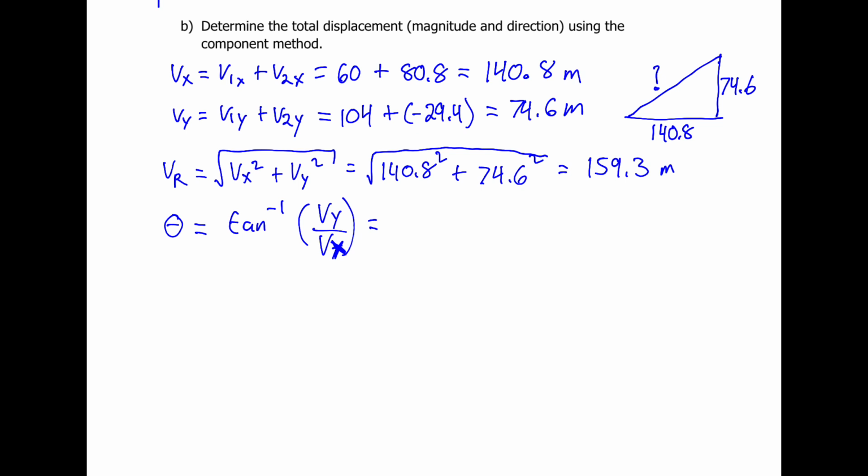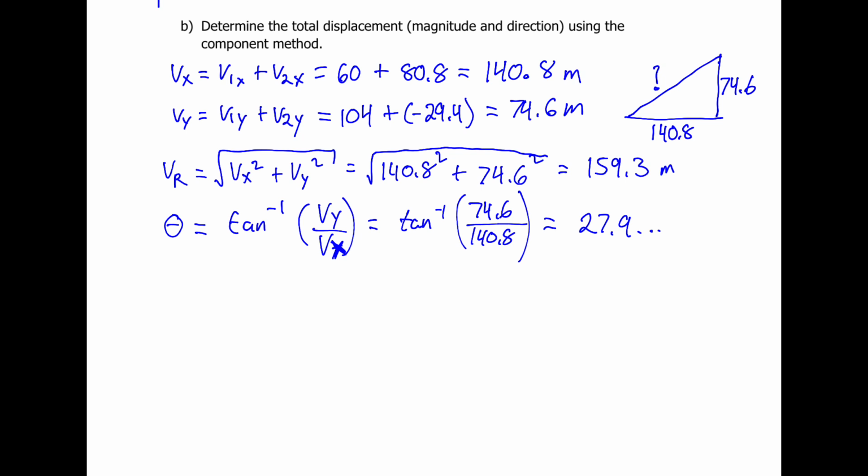Y side is 74.6, so we're going to do tan minus 1 of 74.6 divided by 140.8. These numbers are not squared, just in case you were squaring them in the last step. You're not squaring them in this step. And this number should spit out a nice angle. It's going to be 27.9, bunch of numbers.